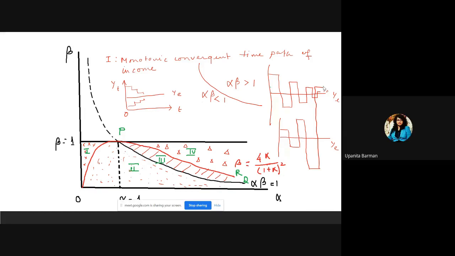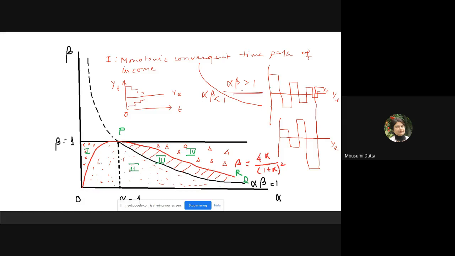Ma'am, can you please explain this one once more? Like alpha beta greater than 1. This black line is showing alpha beta is equal to 1. So any part above alpha beta equal to 1 is showing alpha beta greater than 1.